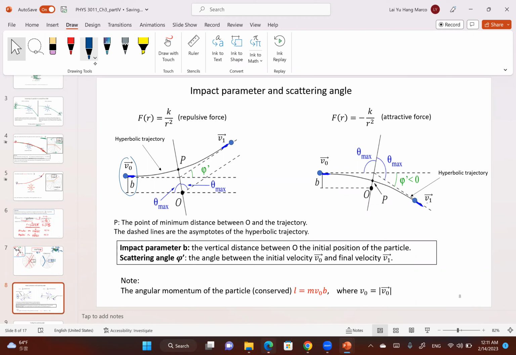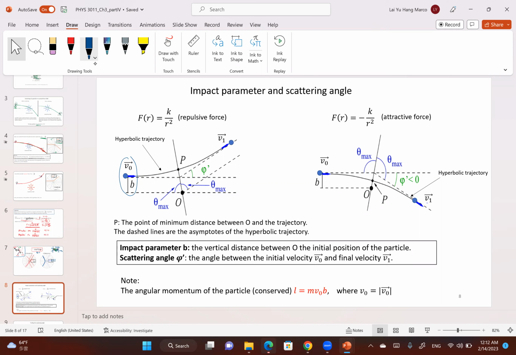So here, let me set up the problem and all the variables. On the left-hand side, I have the repulsive case, and on the right-hand side, I have the attractive case. Let me just focus on the one on the left first. I have this incoming particle with this initial velocity V0, and after the scattering, I have the final velocity V1.